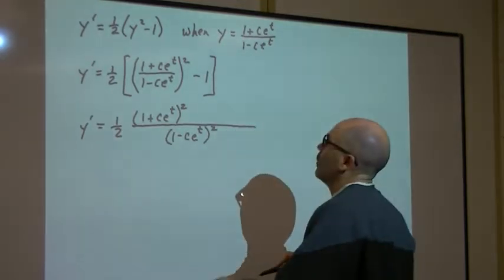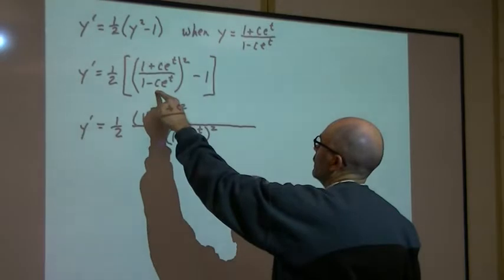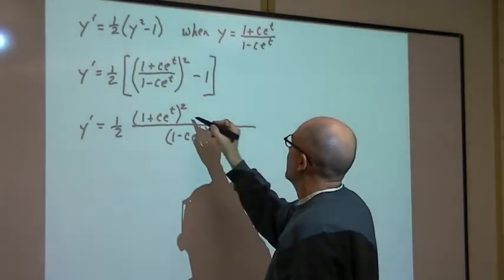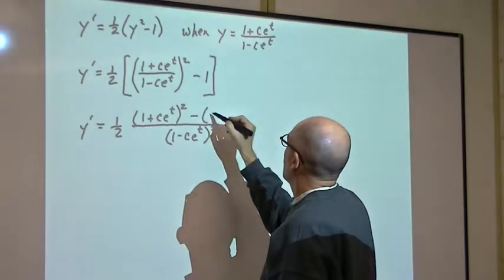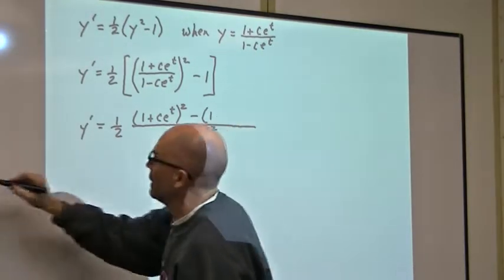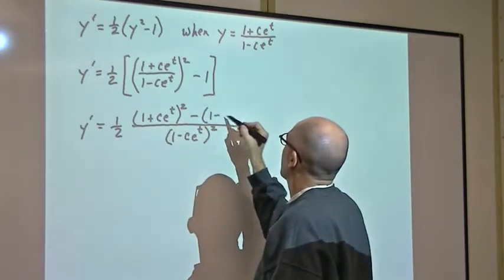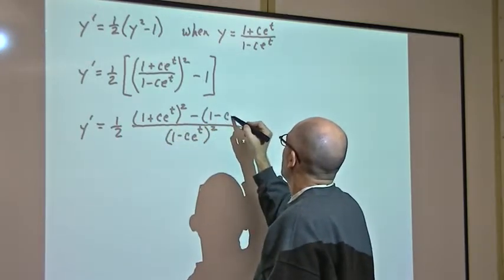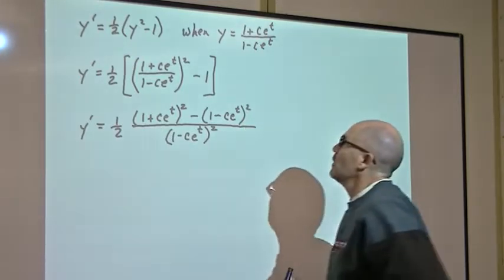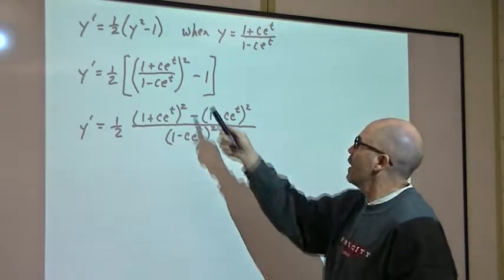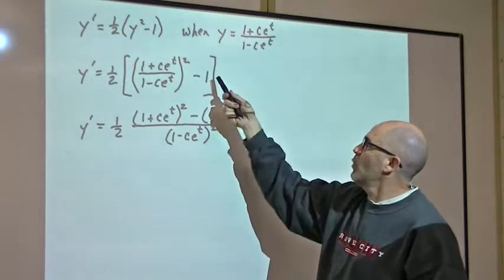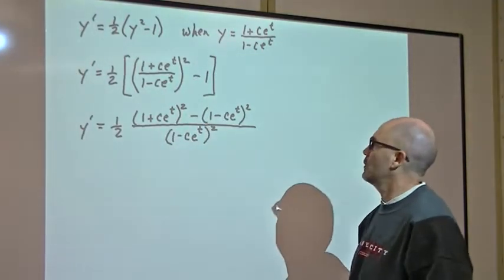Now, we have the common denominator under the first term, but the second term has to be minus the 1 minus ce to the t squared. So notice we basically just got the common denominator for what was inside this bracket. So we're adding in that 1 to it.